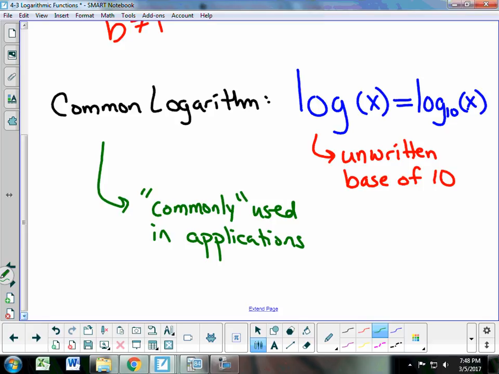All right, a lot of times logarithms are used when calculating decibels. That's how loud something is. You might have heard of decibels. It also is used for the pH scale. If you've taken some science classes that talk about that, you hear about pH.